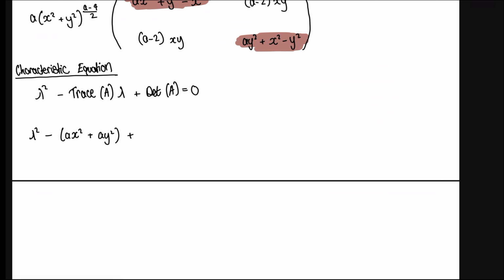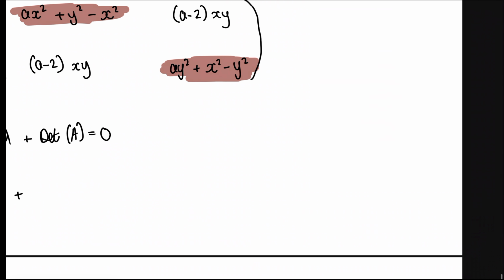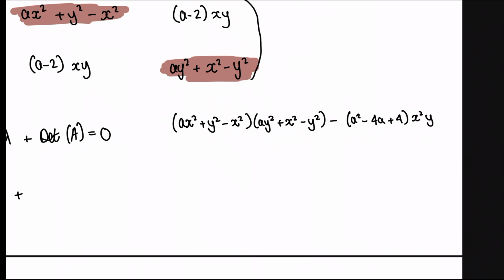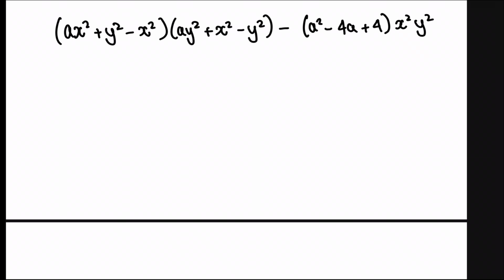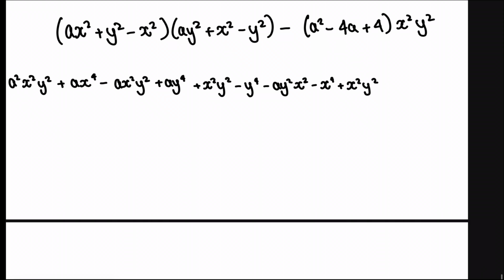And then if we work out the determinant of this matrix, we will have to do (ax squared plus y squared minus x squared) multiplied by (ay squared plus x squared minus y squared), subtracted from (a squared minus 4a plus 4) brackets x squared y squared. So that's just me multiplying these two. Okay, expanding these two brackets out, we get this.